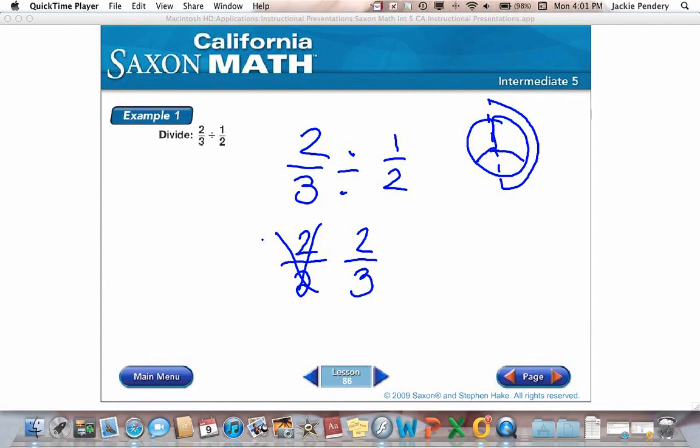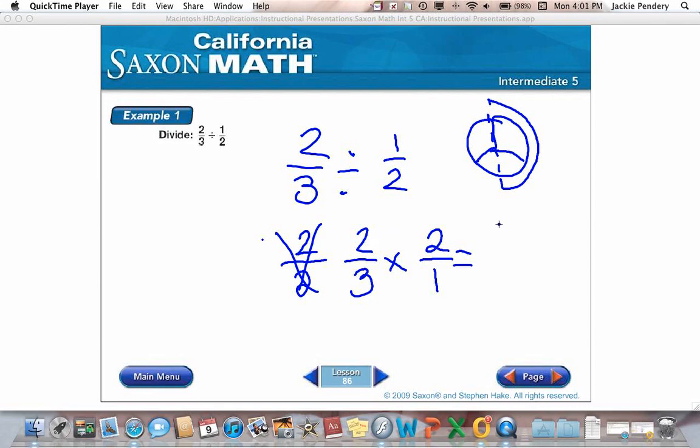And then I'm going to take my second fraction that I'm dividing by and find the reciprocal. So I'm going to turn it over, and now instead of dividing, I'm going to multiply. And then I multiply straight across just like I do in a normal multiplication of fractions problem.